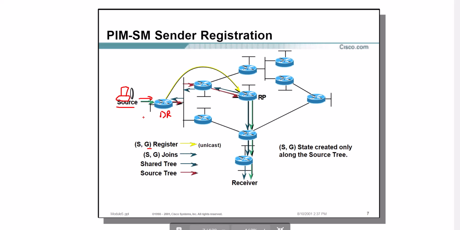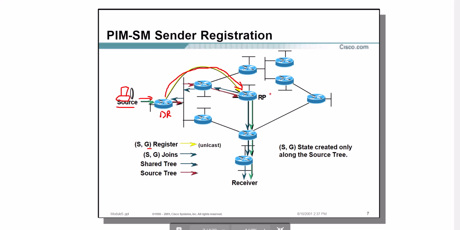And what it does, it takes this multicast traffic and it encapsulates it into PIM register messages, which are then sent over unicast directly to the rendezvous point, right? So again, these multicast packets are being sent to the rendezvous point directly over a sort of unicast tunnel.